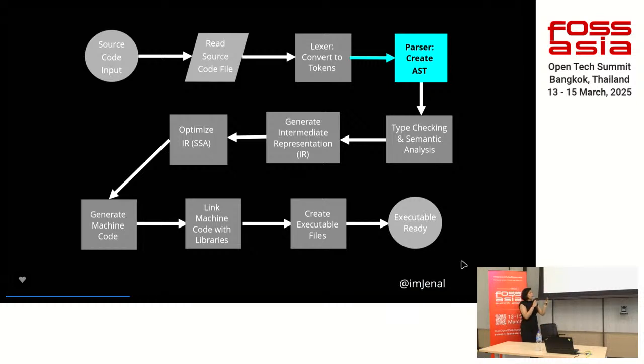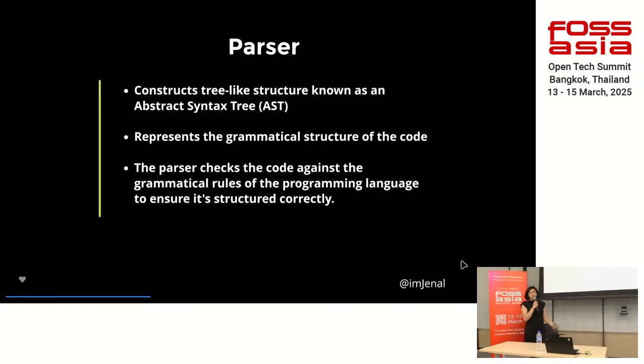Basically it's a grammatical structure of the code. At this stage it also checks whether your code aligns with the grammatical rules of the language, here meaning Golang, that is, whether your code is structured properly.